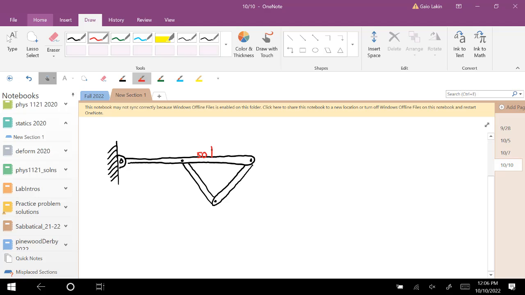This long member has a mass of 50 kilograms. These other two are each 10 kilograms. And there's a cable holding this member up. This angle is 45 degrees. It doesn't look like it though. And then there's an external force of 500 newtons.